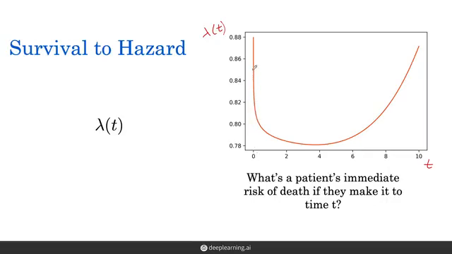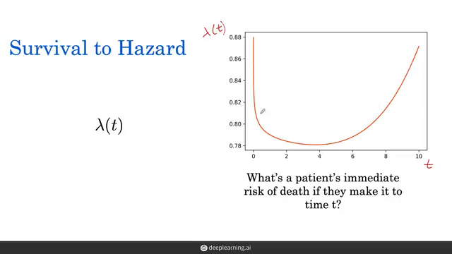We can see that it's highest at 0 and then drops rapidly to 4 and then increases again to the time of 10, where it's getting to a similar hazard as a time of 0. And so this allows us to see that the patient's risk is high in this area, not so high in this area, and again growing later.